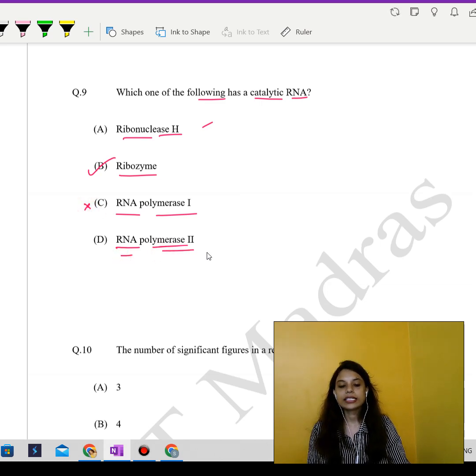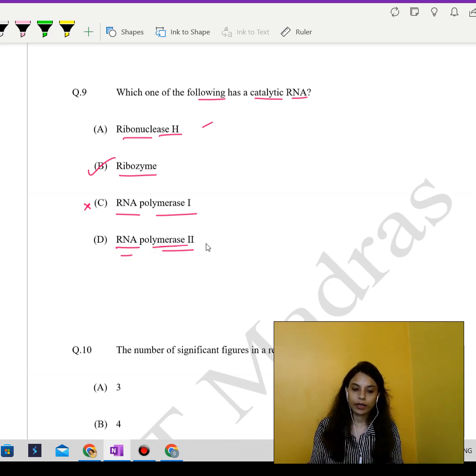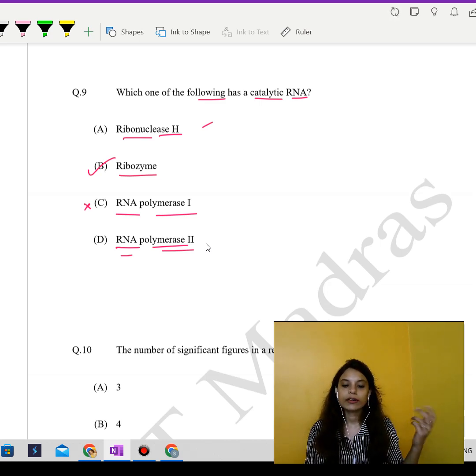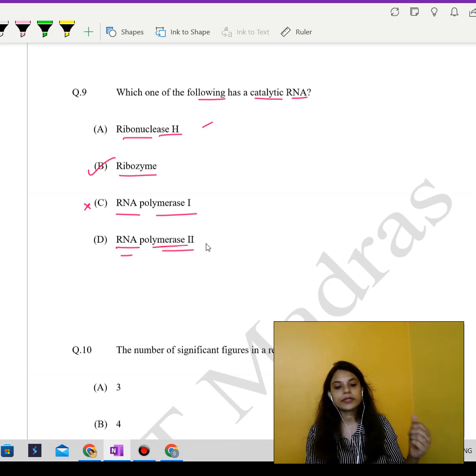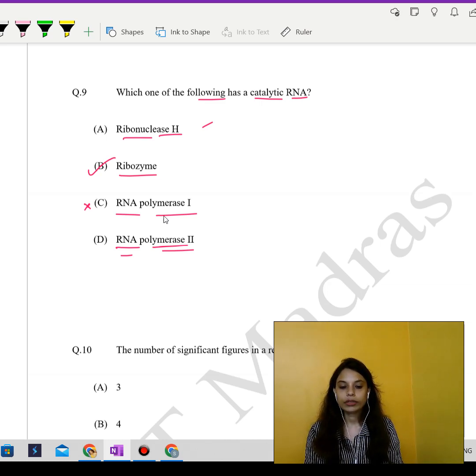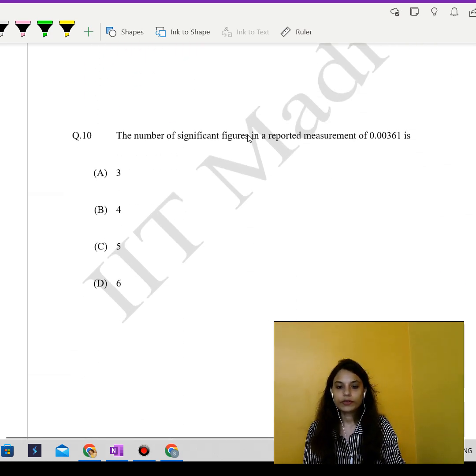This is an enzyme that transcribes protein coding genes into messenger RNA, or the mRNA, and similar to ribosomal RNA, messenger RNA doesn't possess catalytic activity. Therefore, only ribozymes have catalytic RNA among the given options. Let's move over to the next question.